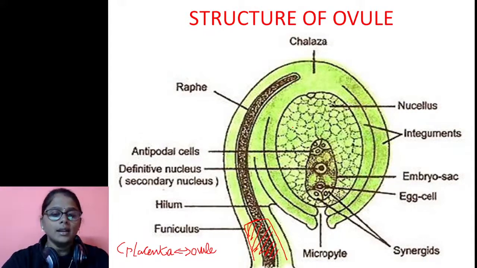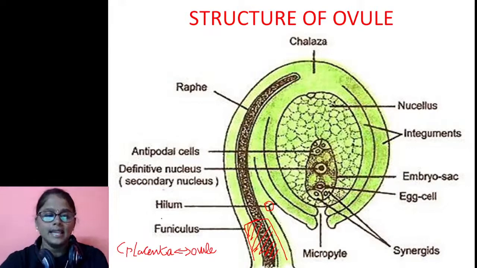The exact point where the funicle is connected with the ovule is called the hilum. So the hilum is the point where the funicle joins the ovule. And there is a long structure called the raphe.